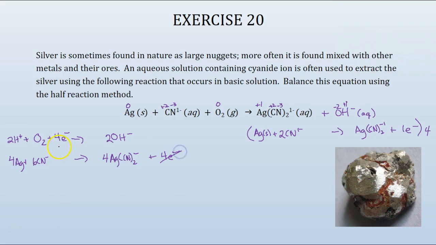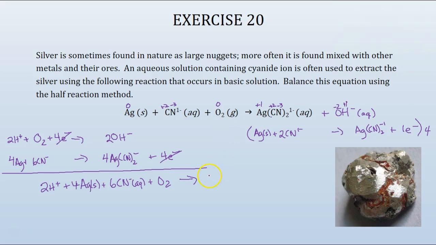So the 4 electrons go away, nothing else cancels out, and we end up with 2 H plus, 4 Ag solid plus 6 CN minus aqueous plus O2 yielding 4 Ag(CN)2 1 minus aqueous plus 2 OH minus.